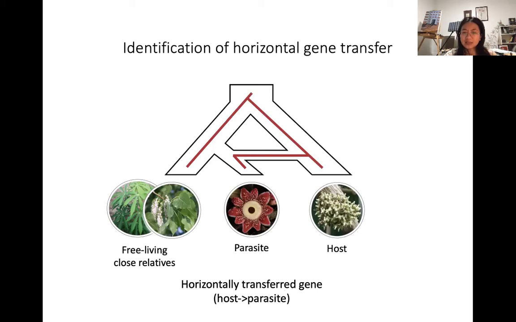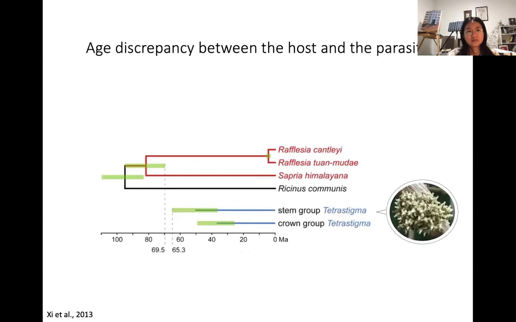In the case of Rafflesiaceae and its host in the grapevine family, because these two species are well separated from each other by more than 100 million years, it's very easy to pick up such phylogenetic signals. This phenomenon has been recognized by scientists for more than 10 years.